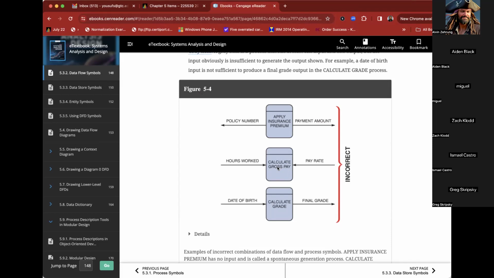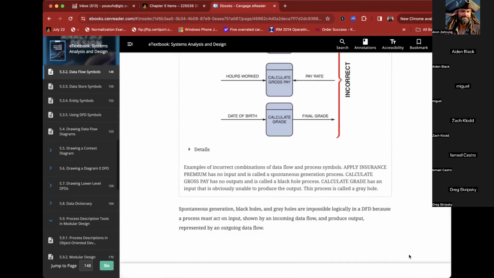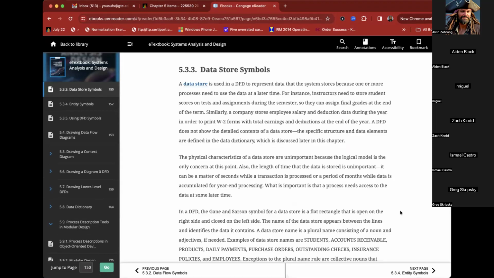The next one is a gray hole where the date of birth is coming in and the grade is getting out. How in the world is a grade getting out based on the date of birth? So this is all incorrect. Any questions so far? Okay. Let's go to the next step.